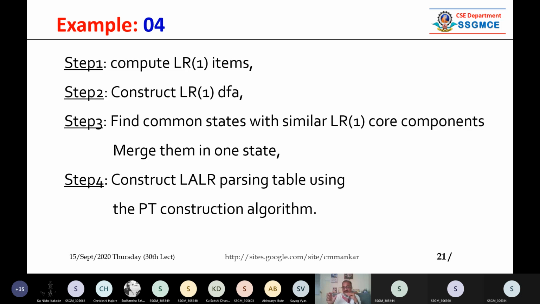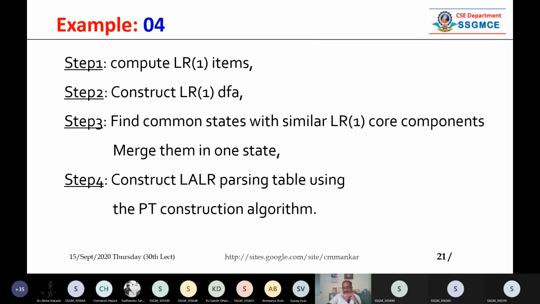You can recall from your TOC that there are equivalent states that we merge, and we can reduce the size of the overall DFA. Once we merge the states, we are reducing the number of states in the CLR parser. Then you can start constructing the parsing table.